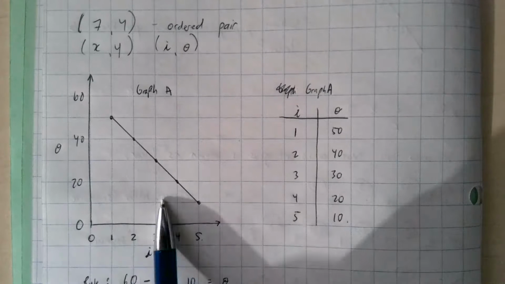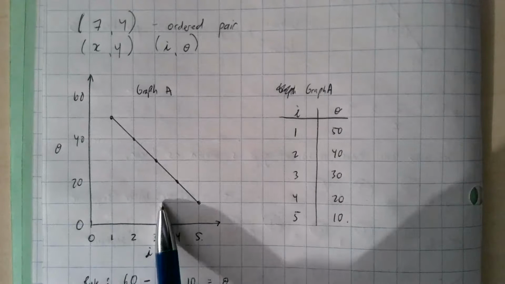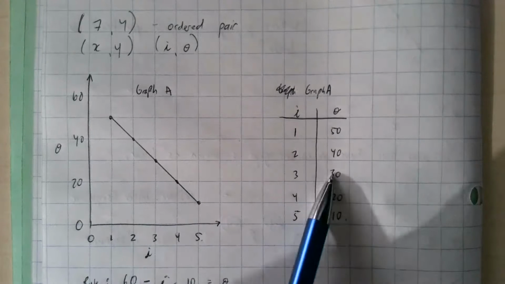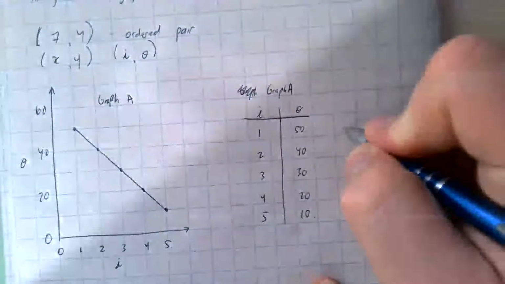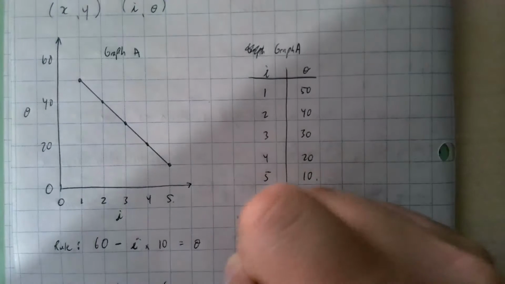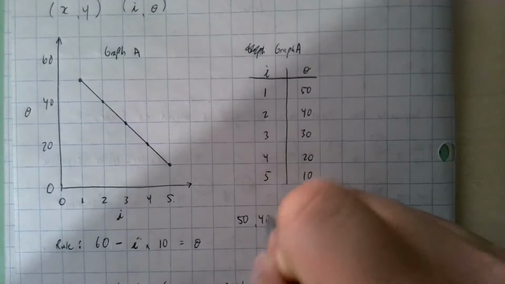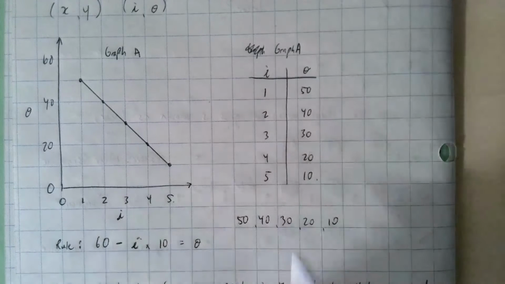If I have a graph, I can turn that into a t-table. And if I have a t-table, I can turn that into a graph. I could also write this as a sequence. What it would look like is something like this. I'm going to say 50 is my first number, and then 40, and then 30, and then 20, and then 10. That would be a sequence.